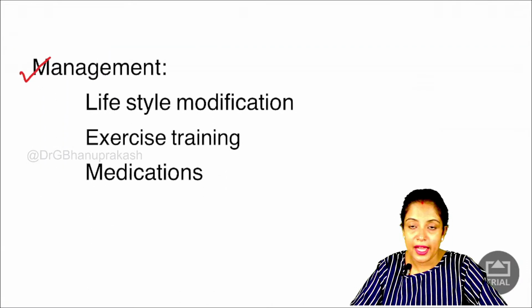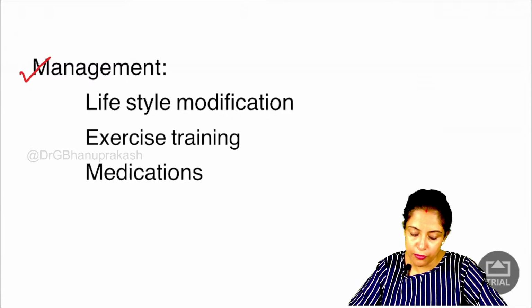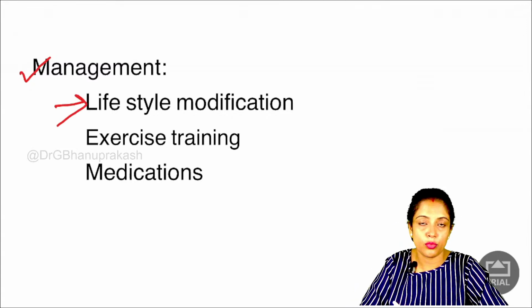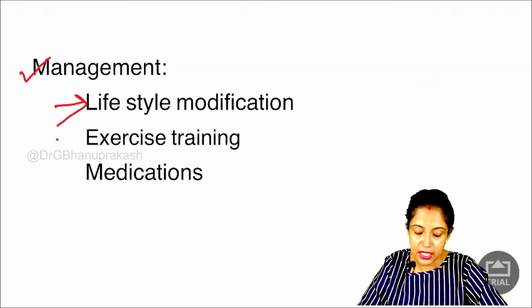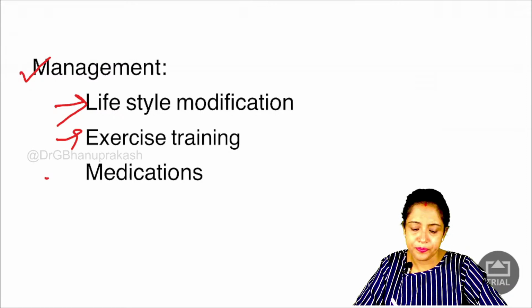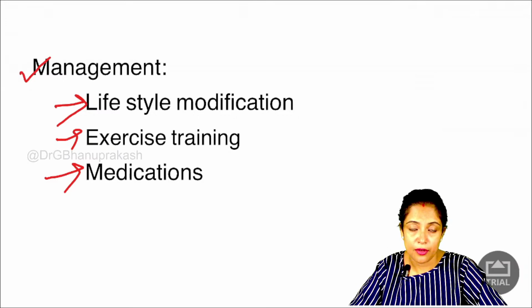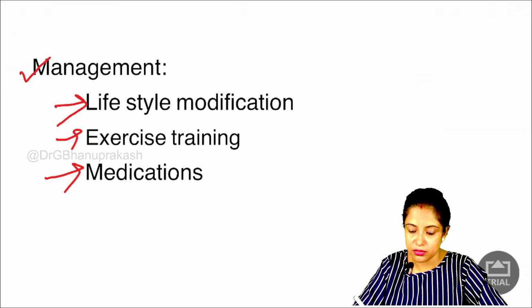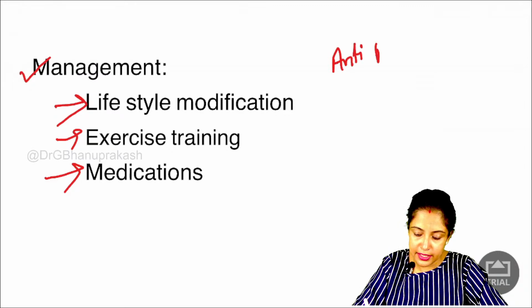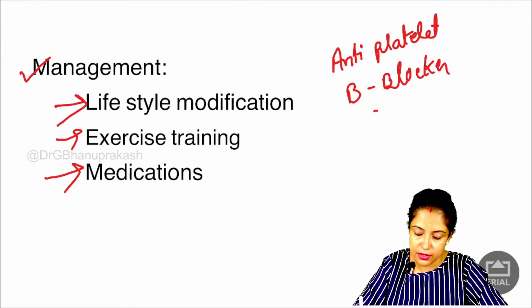Let us discuss management of microvascular angina. Of course, lifestyle modification is very important. Modify the risk factors, exercise training, and medications. Medications are the same: antiplatelet agent, beta blockers, statin.